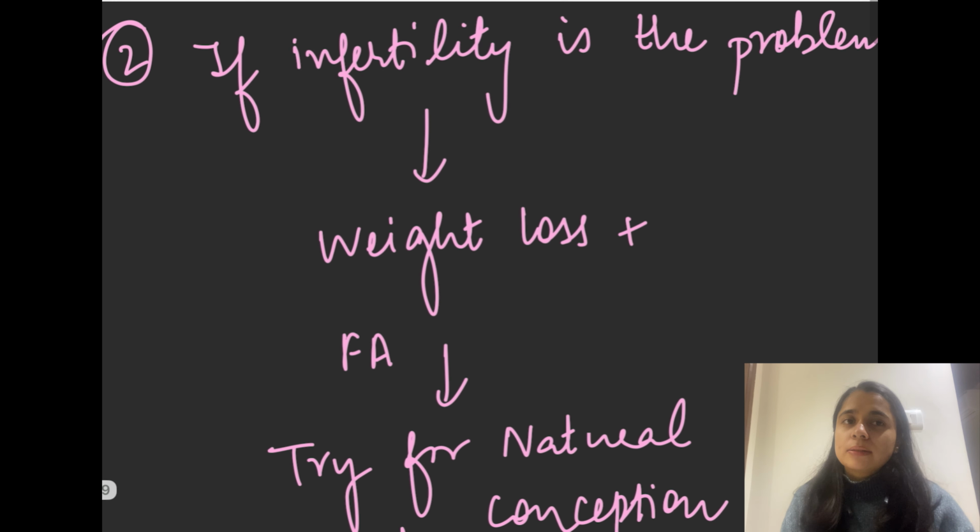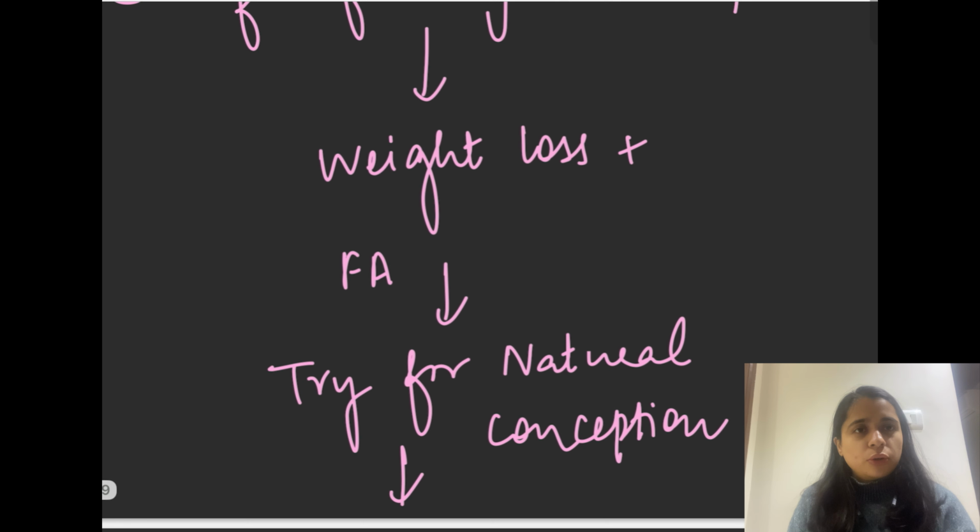If infertility is the problem, if the patient has come to you with the problem of infertility, right? So weight loss, first we are going to suggest if the patient is overweight.